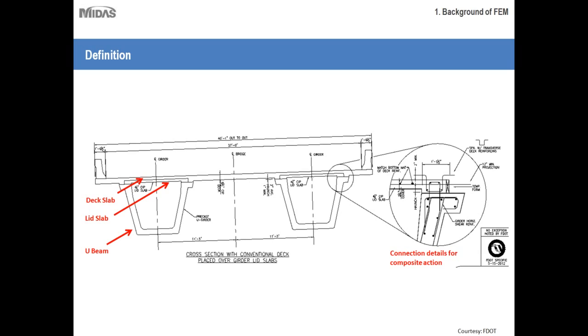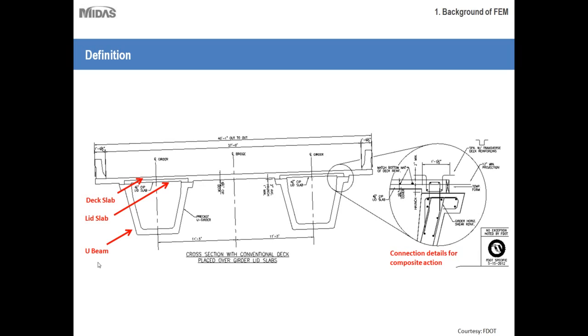Now if you are modeling the bridge along a curvature, there is a lot of torsion in the system near the interior supports. So in those areas we need to provide this kind of lid slab on top so that it can hold the sections intact there and increase the stiffness against torsion. And then we have the final pour, which is the deck slab on top.